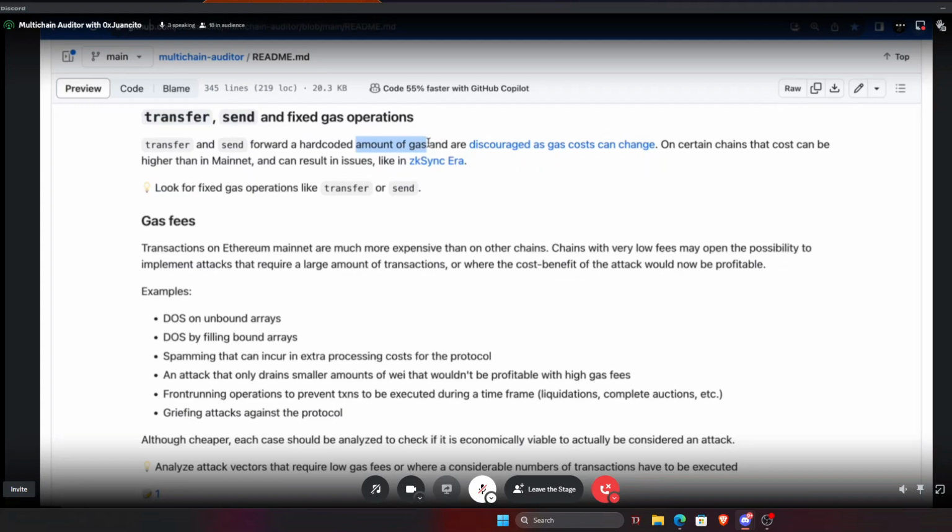So you might find that the transfer and send functions use a specific amount of gas on Ethereum, but on some other chain they might use a different value. If you're expecting to execute some functions on the fallback or on the receive, they might be executable on some chains, but not on others.